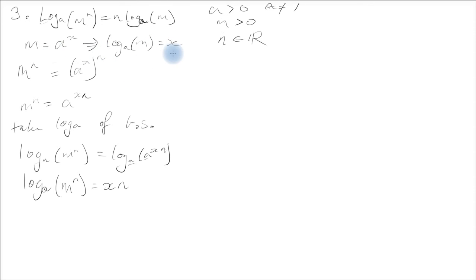Instead of writing x, I'll write that. I'm also going to swap positions of these, so I'm just going to say that's nx, as I'm allowed to. So next line, log a of m to the power n equals n, now instead of x, I'm writing log a of m. And we're done. This is our law that we were looking for.